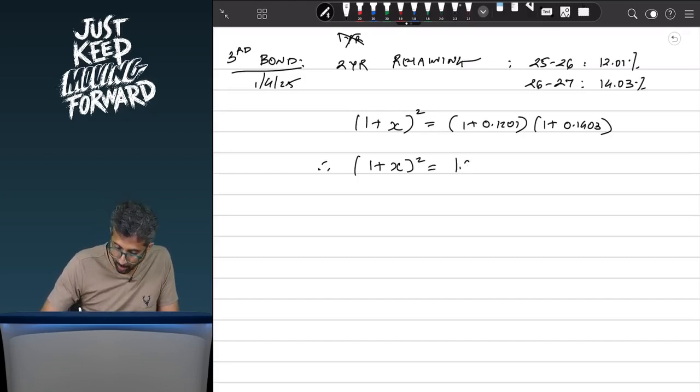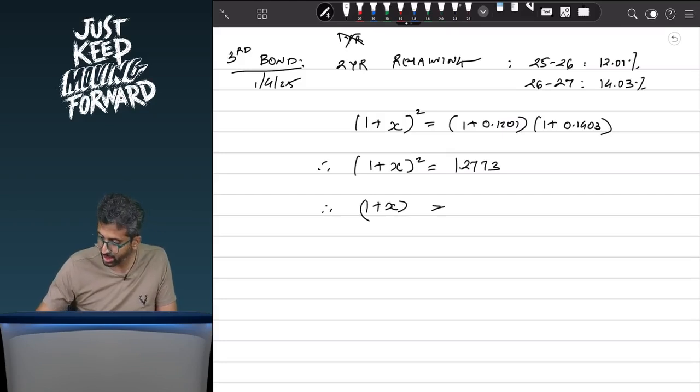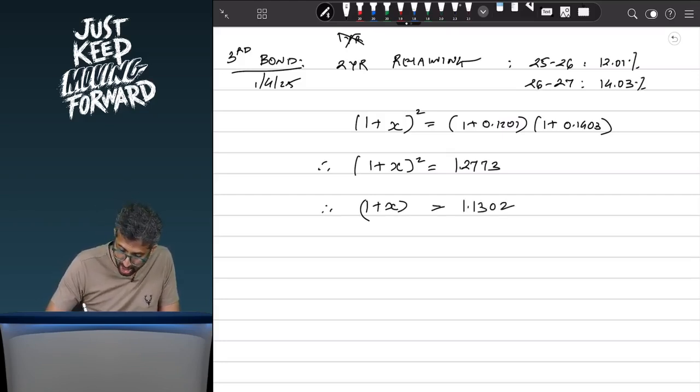This comes to 1.2773. Therefore, if I take the square root, 1 plus x equals 1.1302. That is, x equals 13.02% per annum.